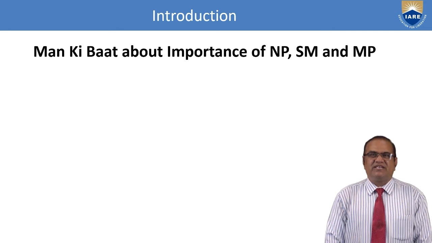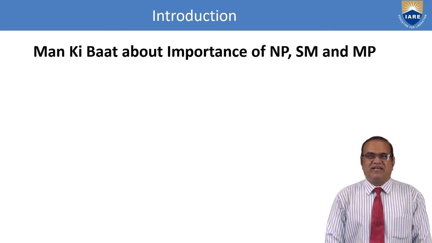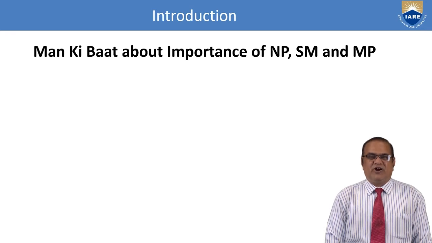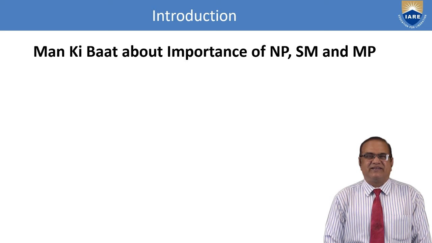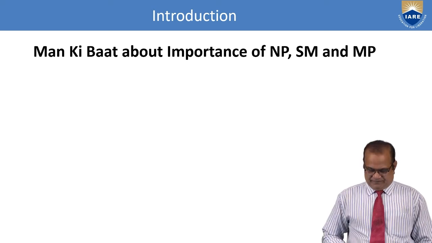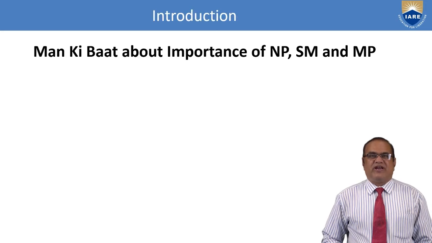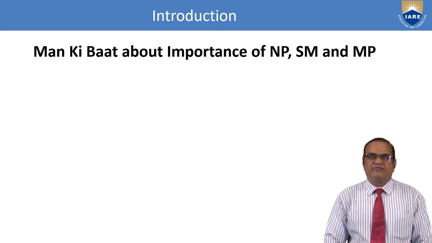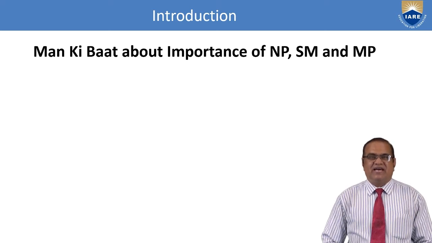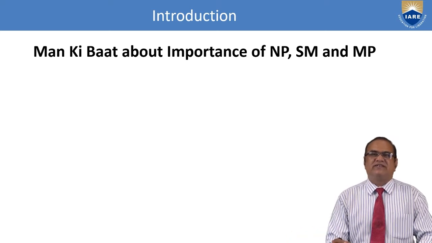First, in the introduction, today's points are neutral point, static margin, and maneuvering point. Before I go to this topic, as I have told you, there are two types of stability.